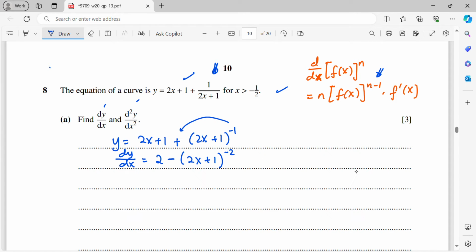And then don't forget to differentiate the function, which is the terms inside the bracket. You will be getting 2. Then from here, I will write 2 minus 2 over, because of the negative degree, this whole term, together with the power 2, will be moved down. Becomes the denominator. So this is 2x plus 1 squared. Done for the dy dx.